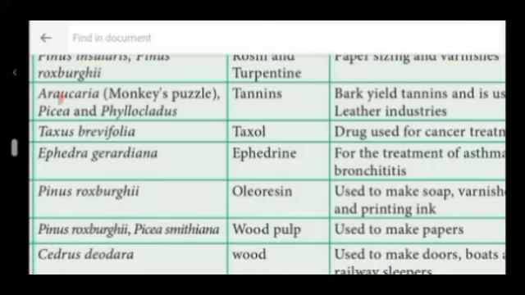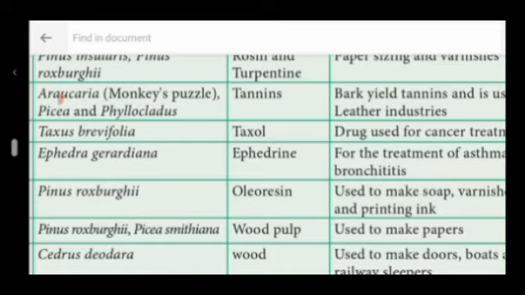And Ephedra gerardiana yields a substance called ephedrine, which is effective in the treatment of asthma and bronchitis. That is, respiratory problems can be cured by the product ephedrine, which is obtained from Ephedra gerardiana.